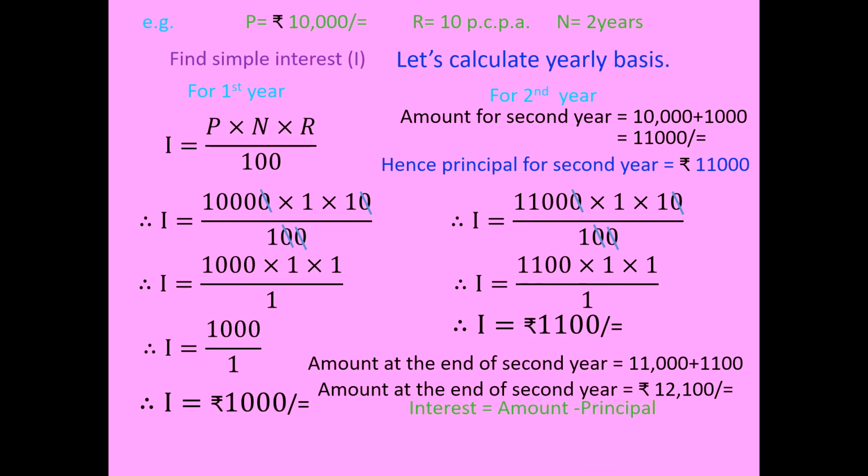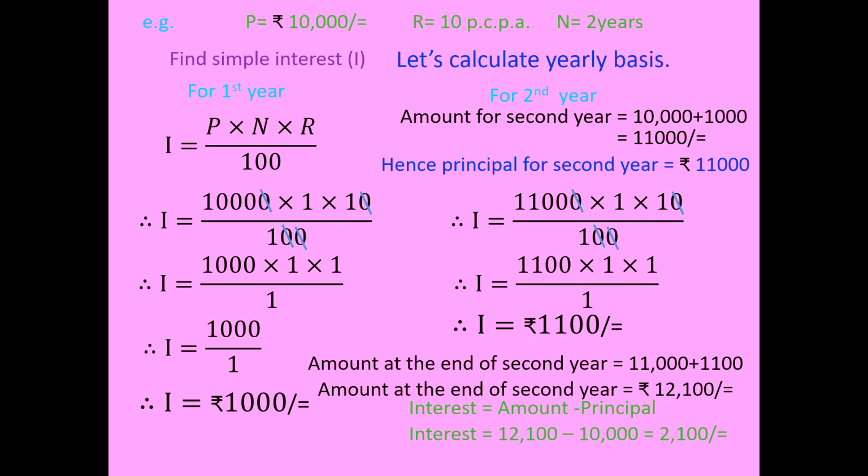That is the amount, but as you know we want interest. So interest equals amount minus principal. So we have got 2,100. You will see the difference between yearly calculation and all-together calculation. That time it came to only 2000, and now when I have calculated year-wise, I have got 100 rupees extra. Do you know where we get these 100 rupees from? Think about it.